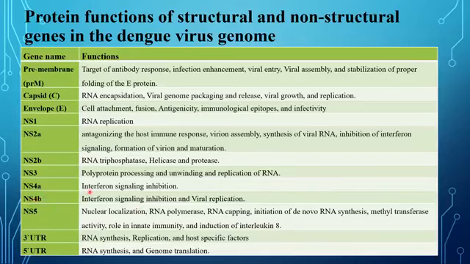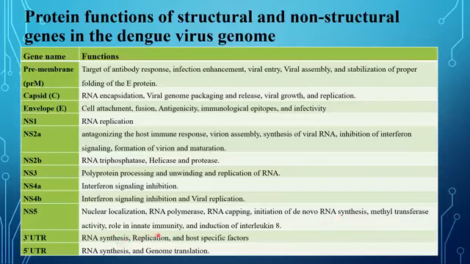NS4A helps in interferon signaling inhibition. NS4B helps in interferon signaling inhibition and viral replication, while NS5 helps in nuclear localization, RNA polymerase, RNA capping, initiation of de novo RNA synthesis, and methyltransferase activity.